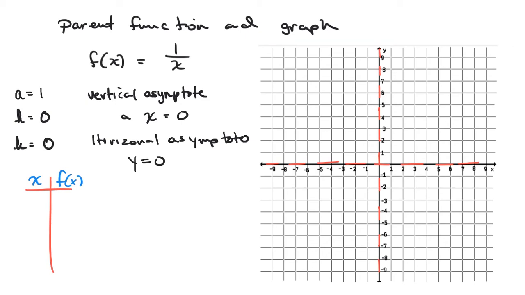If I plug in, say, -2 into my function, I get 1 divided by -2, which is -1/2. If I plug in -1, I get -1, because 1 divided by -1 is -1.